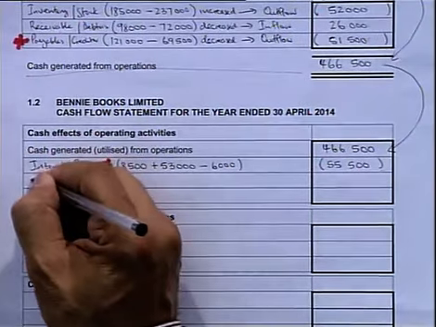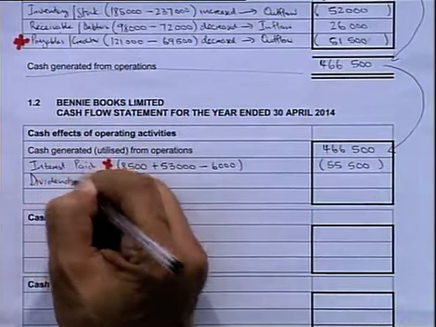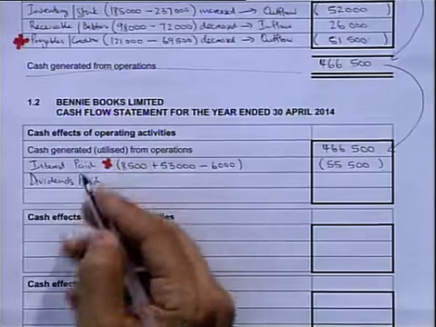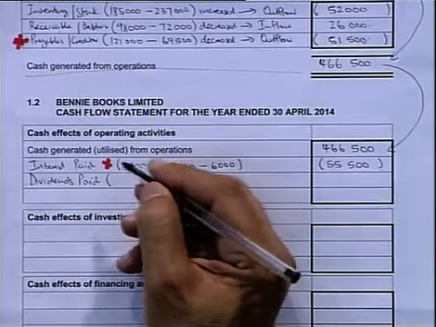Okay, it looks like everybody's got that. Okay, the next item is going to be the dividends paid. We pay the dividends over to the shareholders. That is why we have to look at the shareholders.